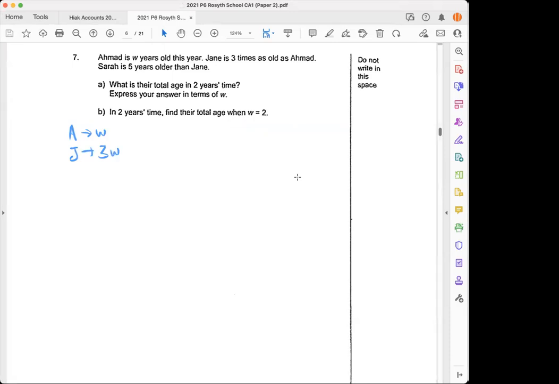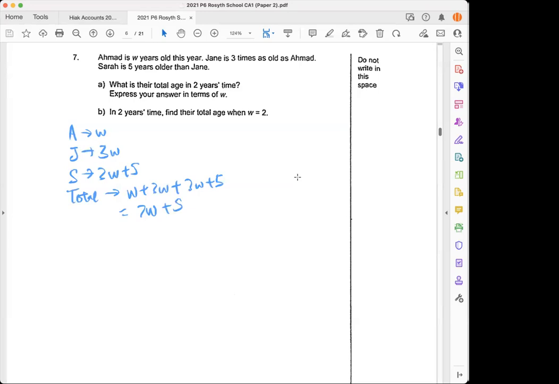Sarah is 5 years older than Jane, so Sarah will be Jane plus 5 years. Total age now will be W plus Jane plus Sarah. So all the W's, you add them together, you get 7W plus 5. So this is the total age now.